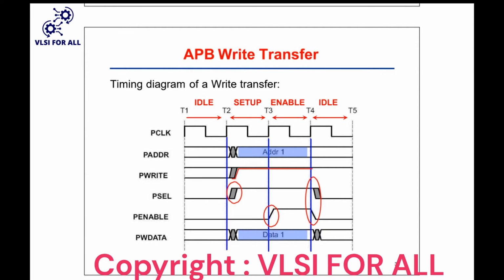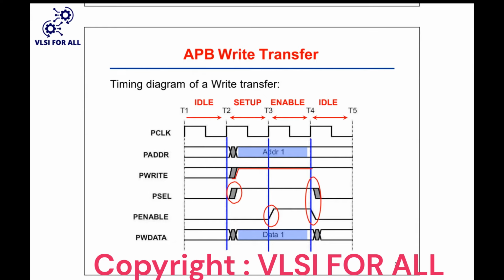In setup, selection is high, which means the slave has been selected. Along with the select signal, other control signals also get asserted. Write also becomes high and the address is driven. Write high means you have to perform a write operation, and the address is given. But in the setup phase we don't have clarity on whether the slave is ready to accept it or not.